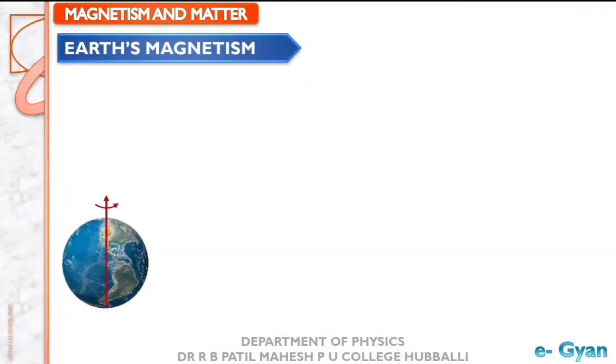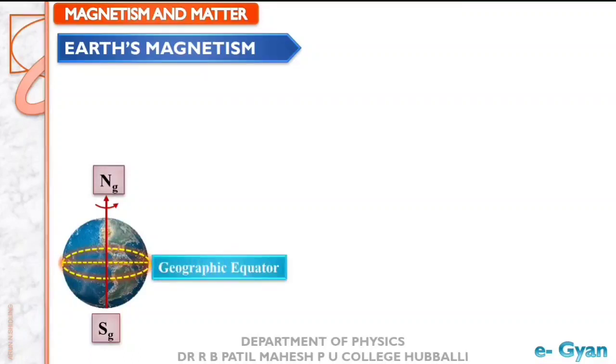Assuming the Earth here, we know that Earth has a geographic axis about which it rotates. At the top we have shown NG. NG is the geographic North Pole and SG is the geographic South Pole. Corresponding to that, we can draw an equator called the geographic equator.